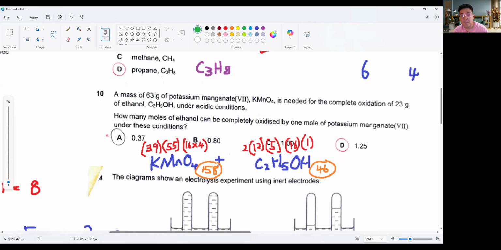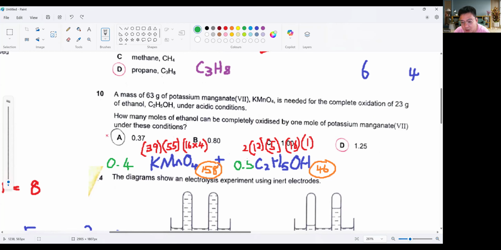So mass divided by molar mass. 63 divided by 158 is 0.3. If we round up, I think it's 0.4. And then 23 divided by 46 is 0.5.